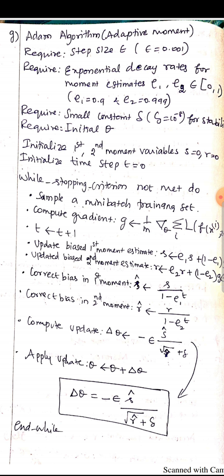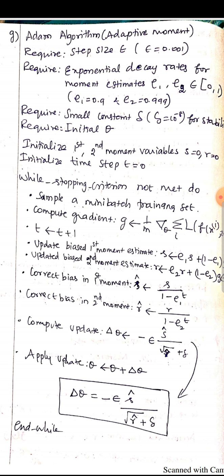Then we compute the gradient of the loss function with respect to the parameter set theta. We update the biased first moment estimate using rho 1, whereas the second moment estimate is updated with the help of rho 2 and the initialized moment variable r.